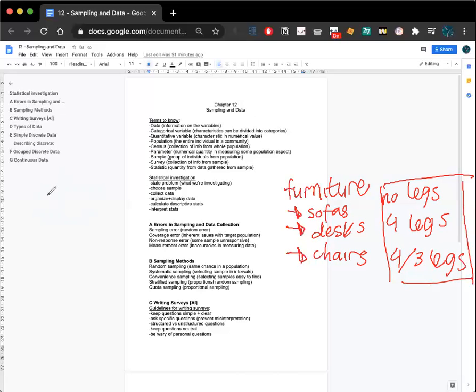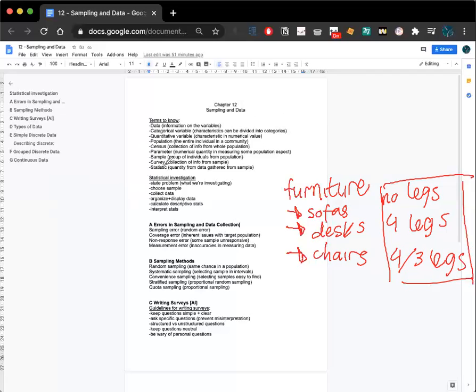Sample is a group of individuals from the population. Since realistically, it would be really tedious if you wanted to collect data from every single one of the population, that's where sampling comes in. You try to take a smaller proportion of the population.